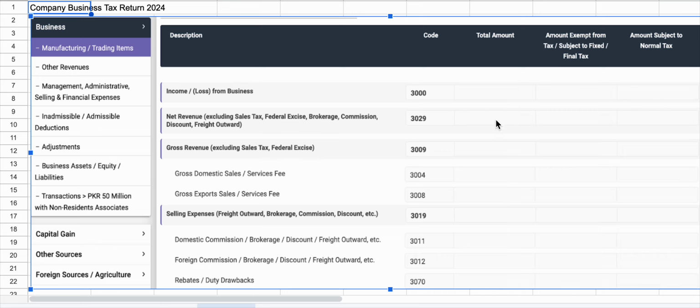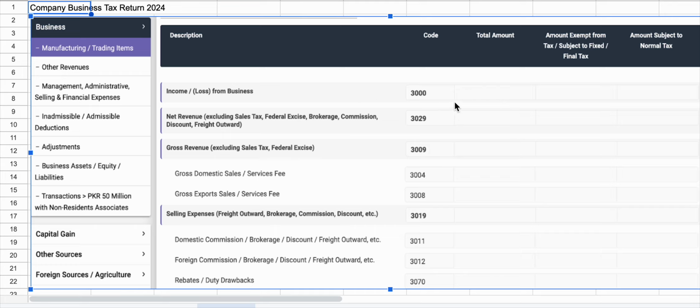What is this amount in terms of financial statements or in accounting? You have to remember that financial statements, international financial reporting standards, or accounting rules are for calculating financial accounting profits, net profits or gross profit. And tax law, the Income Tax Ordinance 2001 and tax laws, help you calculate taxable income. So there's a difference between net profit and taxable income.